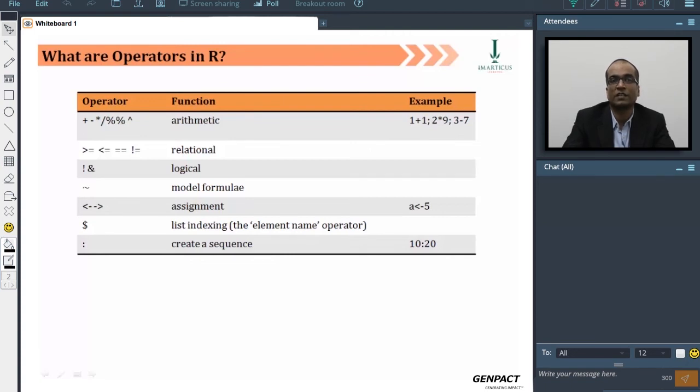If you're trying to access something like a data frame, say there is a data frame with the name customer, so you have saved some data over there, how do you access the individual columns? That is with the dollar operator. And to create a sequence, you will be using the colon operator. So 10 colon 20 says create a sequence of numbers from 10 to 20. There will be 11 numbers in this sequence, including 10 and 20. So that would be 10, 11, 12 till 20. That is 11 numbers.